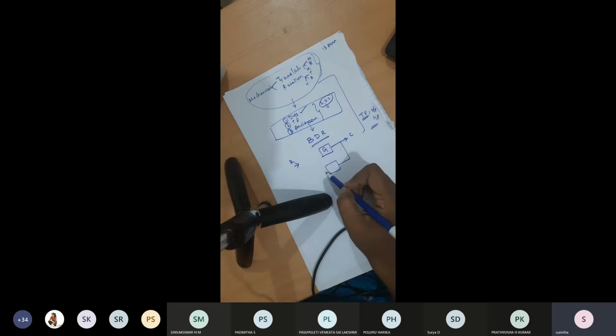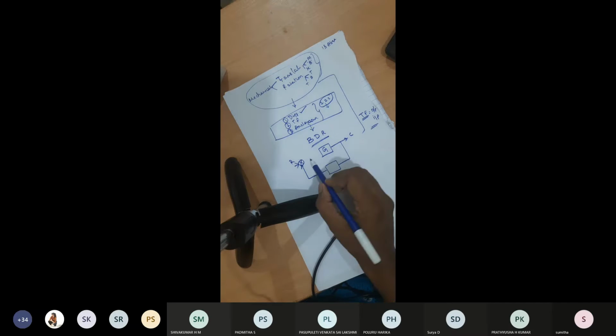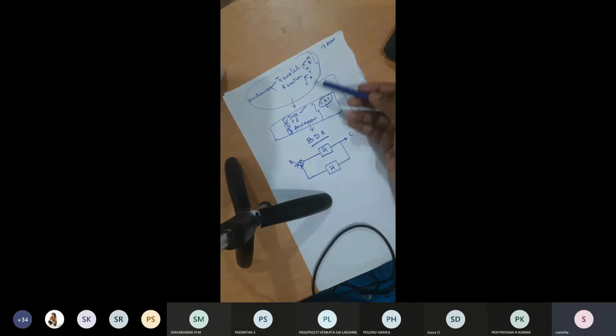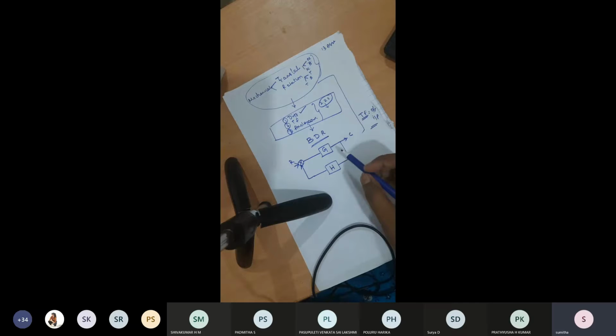Then part of the output is given back to the circuit, and I call this my feedback circuit, H. This entire thing I started putting in terms of blocks, in order to find the transfer function.